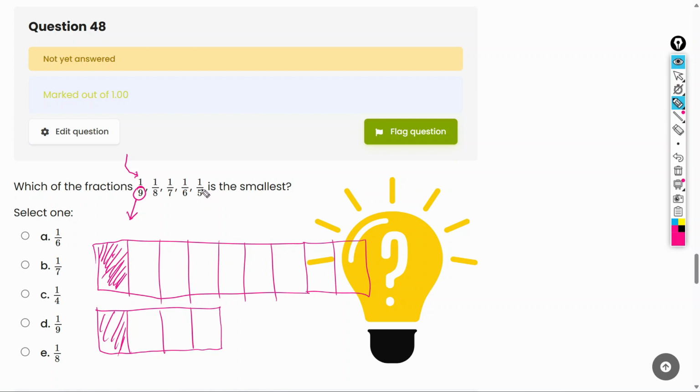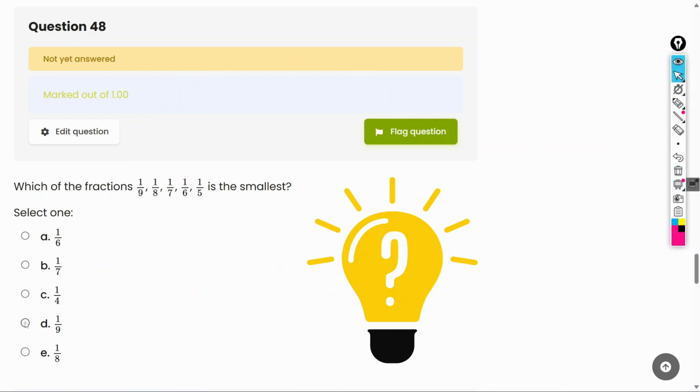But with 5, there are 5 pieces and 1 out of 5. There are 4 others. So this is the biggest compared to this. This one out of 9, there are 8 others. So this occupies just one tiny space out of a whole 9. So in this context, the smallest fraction is 1 out of 9 and the biggest is 1 out of 5. So 1 out of 9 right there.